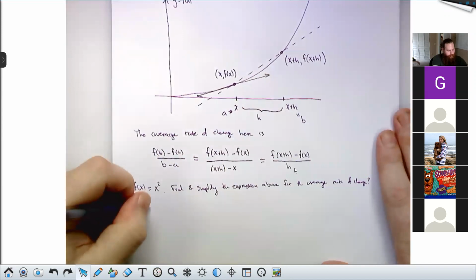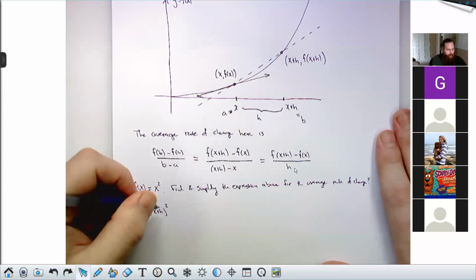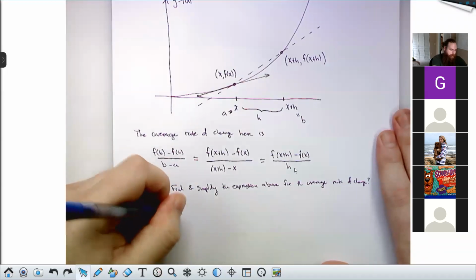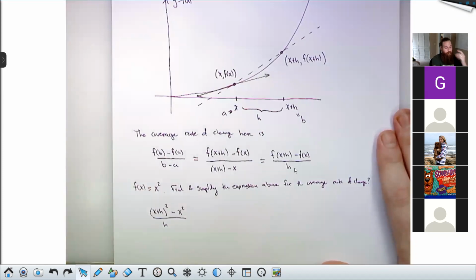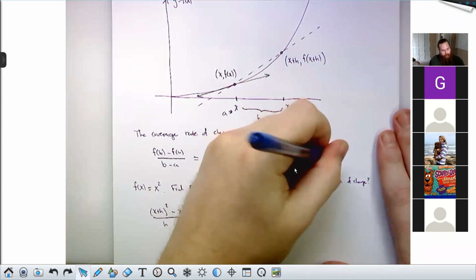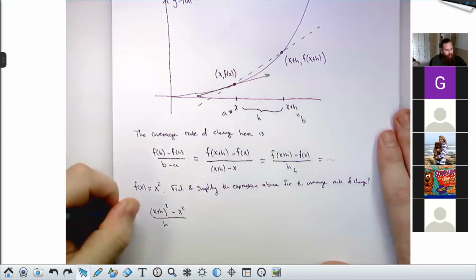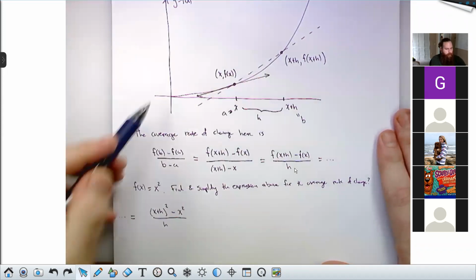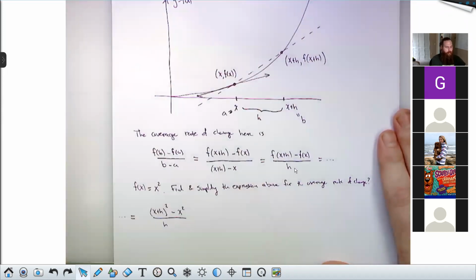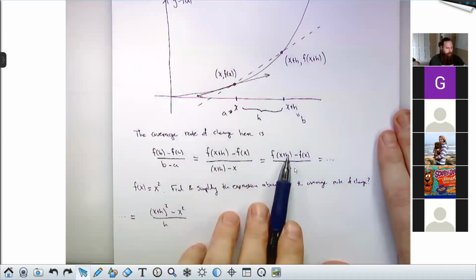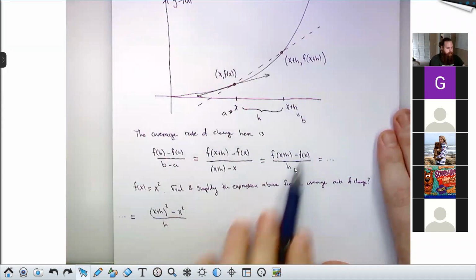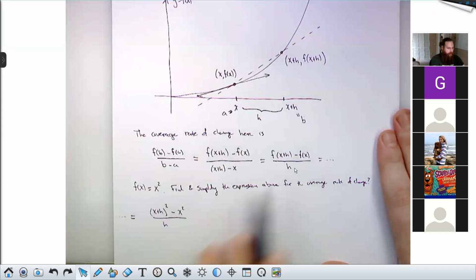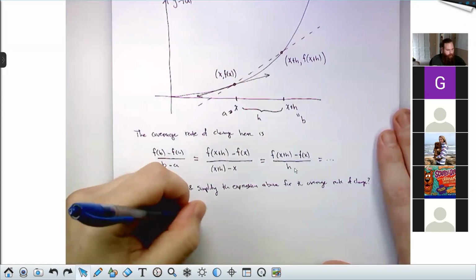Well, that would be x plus h all squared minus x squared over h. Right, this piece, if f of x is x squared, if I told you this was the graph of x squared, then f of x plus h is x plus h squared, f of x is x squared, and h is just h.